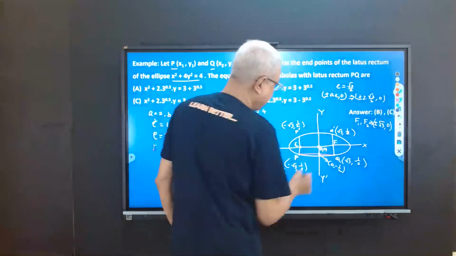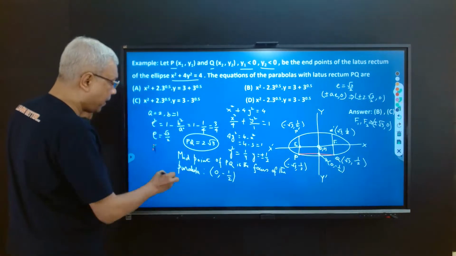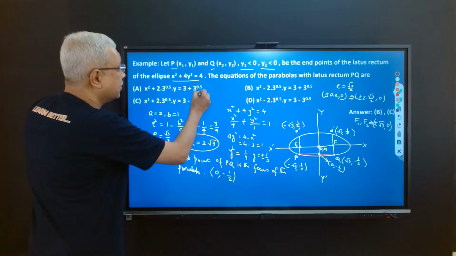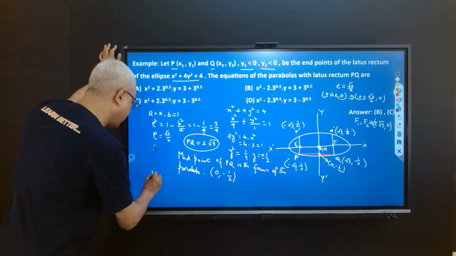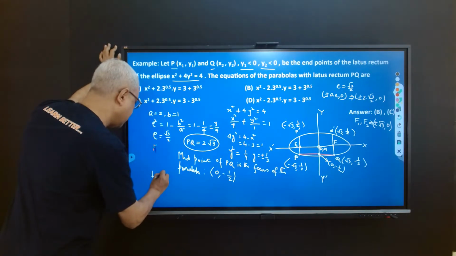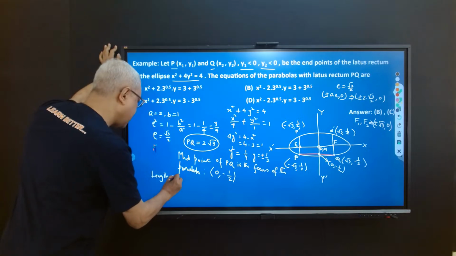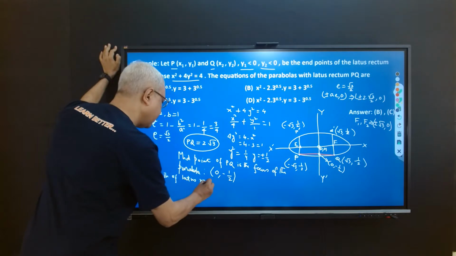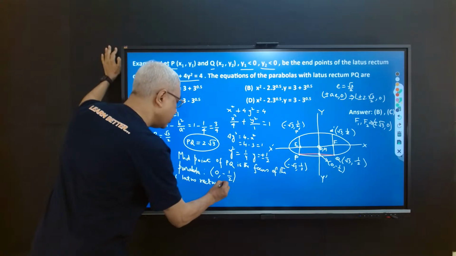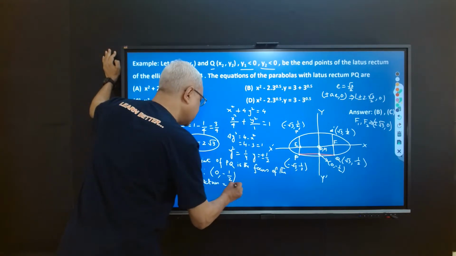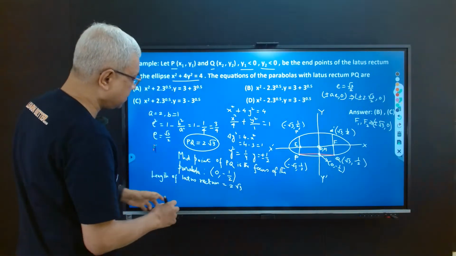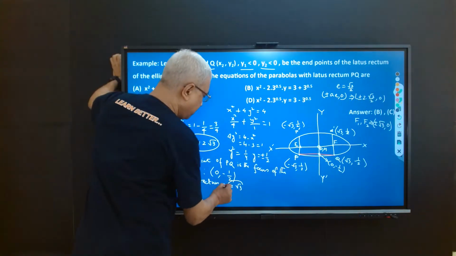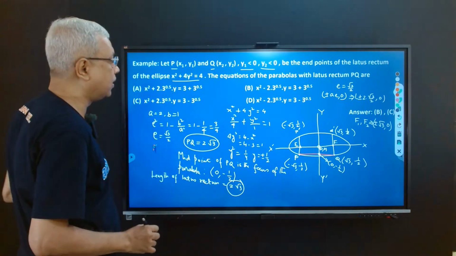So what happens? The length of the latus rectum of the parabola is 2 root 3. So 2 times root 3 is how much? For a parabola, you know, the length of the latus rectum is 4 times the focal length.